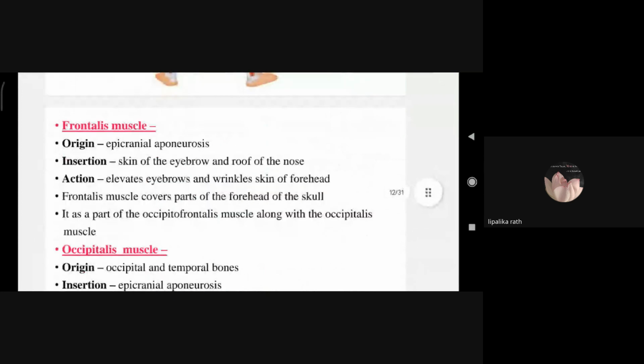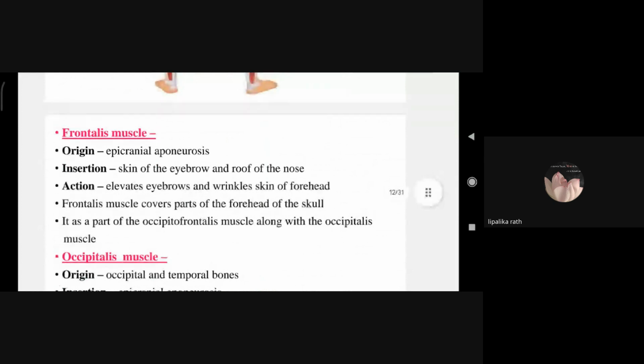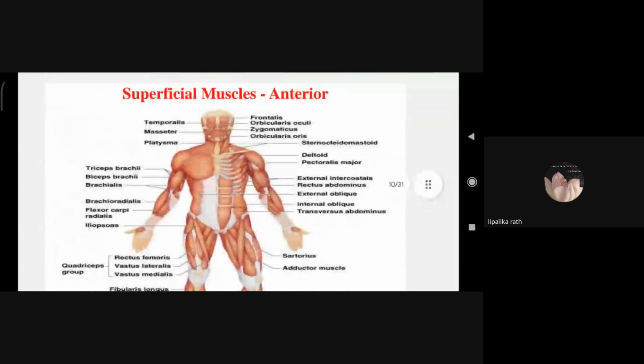Now, first of all, the frontalis muscle. The origin of this frontalis muscle is the epicranial aponeurosis, and the insertion of this frontalis muscle is the skin of the eyebrow and the root of the nose. So, you can see here in this picture.